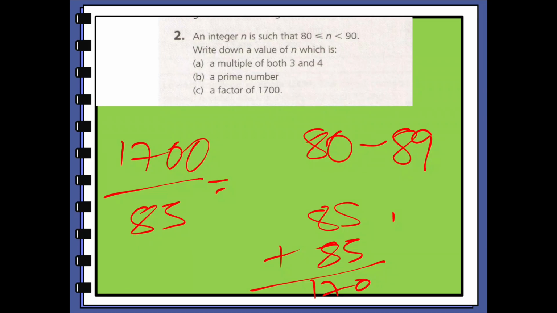So 85 into 170, it's 2. 85 into 0, it's 0. So when they say a factor of 1700, the answer is 85, because it's the number which can enter into 1700.